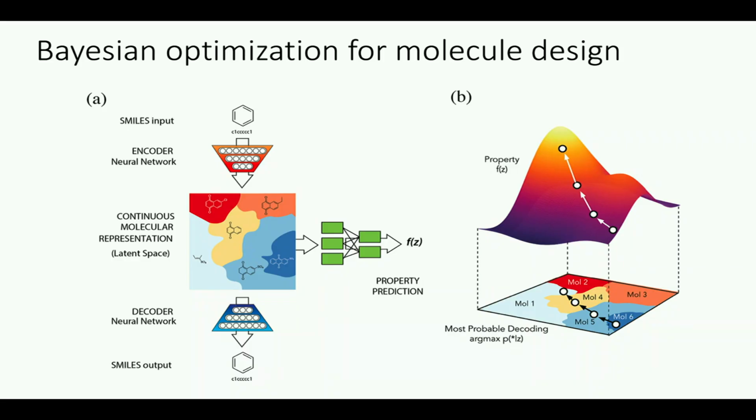But molecules are usually discrete. So the way they carry out Bayes optimization is they first train a variational autoencoder that converts the SMILES strings, or sometimes you can also do a graph encoding. You can convert the 2D graph of small molecules into a latent space. And then they just train the Gaussian processes over this latent space for the small molecules and deploy Bayes optimization with UCB.